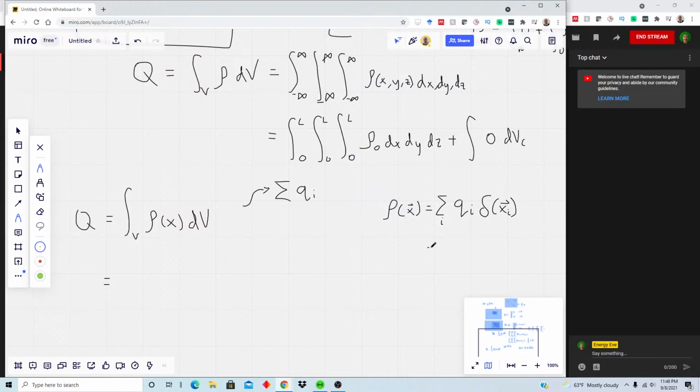So let's just take the simple case. We just have Q, and our Dirac delta is literally at the center point, right here. It's just we have a point charge there.